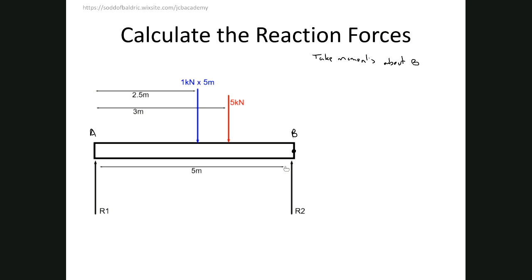It is R1 strong and it is 5 meters away from the pivot. Therefore, we get 5 times R1 is equal to. Next force we come to is our 1 kilonewton times 5 meters UDL, which is centered 2.5 meters away from both ends. So it's 2.5 from this end, it is also 2.5 from this end.